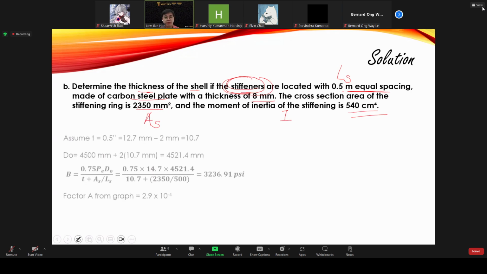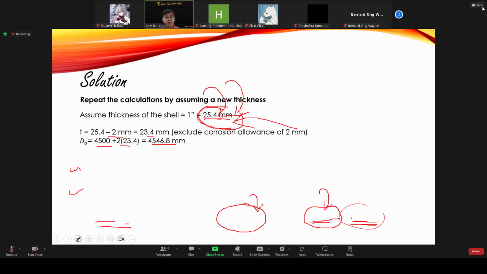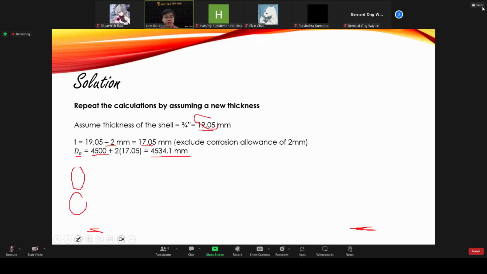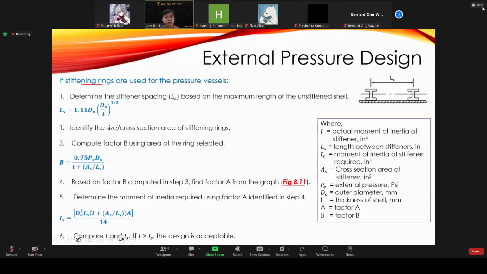First, you need to refer to the method that I introduced to you just now.